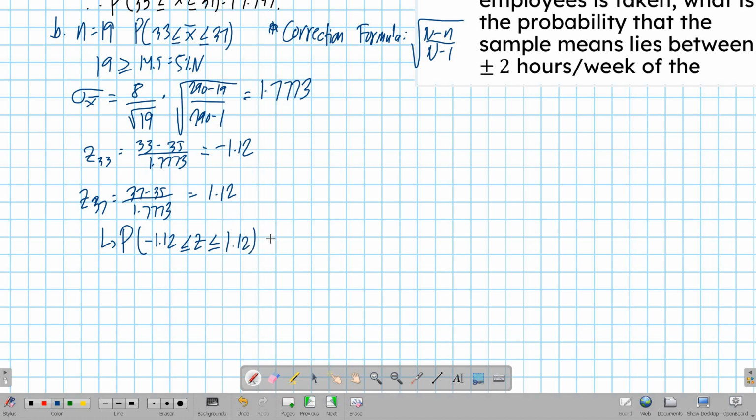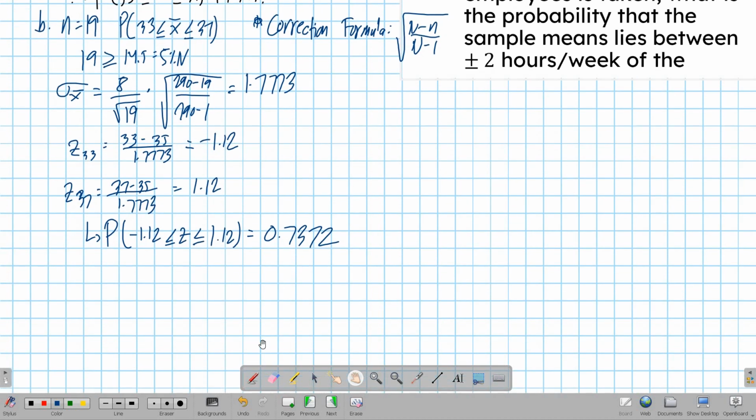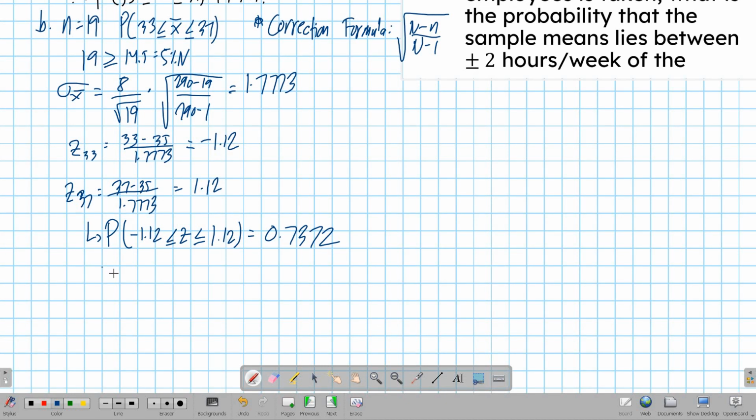And solving for this, we actually get 0.7372. If you look at the result above, yes, it has a bigger chance because now the sample size is higher. So therefore, the probability that the sample mean of sample size 19 is between 33 to 37 hours per week would be 73.72%.